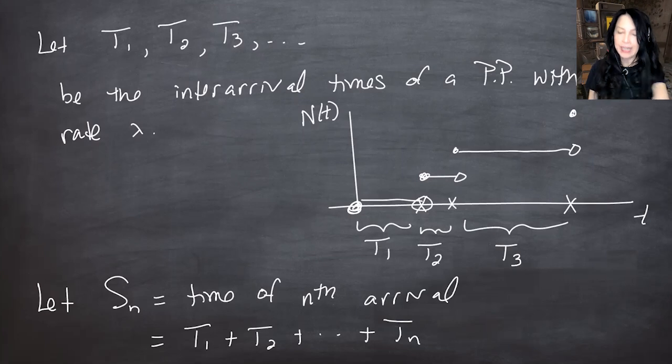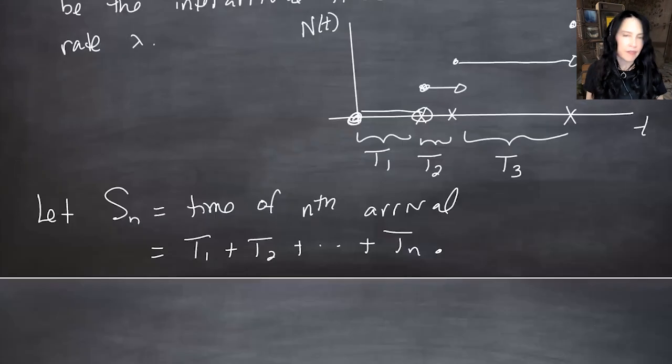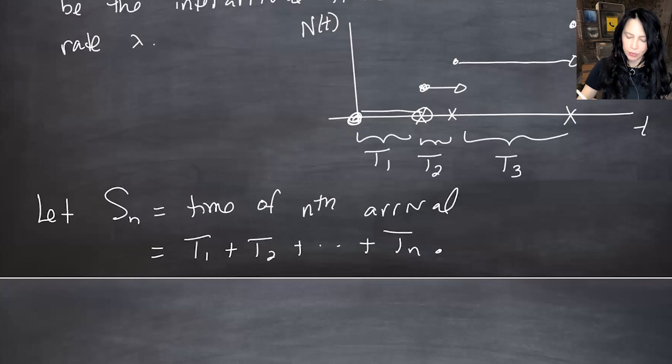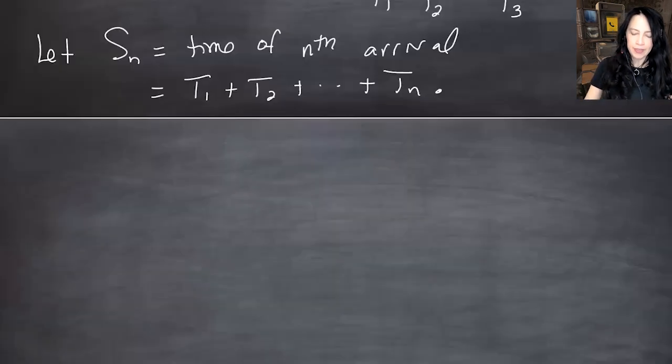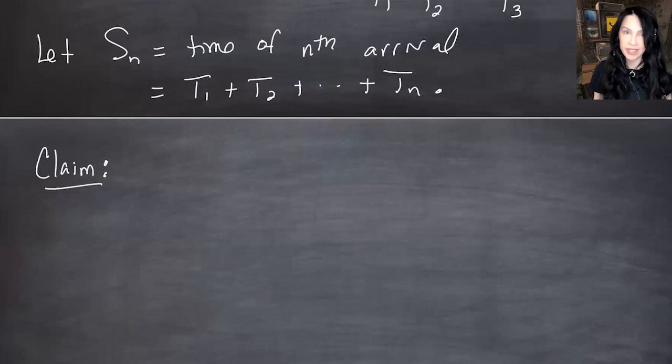So I claim that these inter-arrival times have an exponential distribution with rate lambda. And if we can show that, we know that the sum of exponentials has a gamma distribution, and suddenly we're going to know a whole bunch of things. So I'm going to write that claim, and we'll prove it. Not only are they exponential with rate lambda, but they're independent.